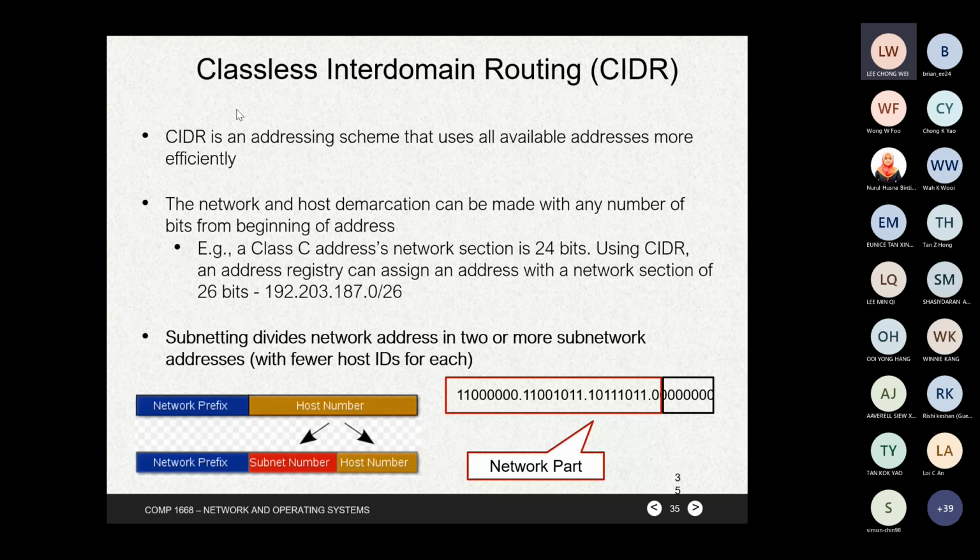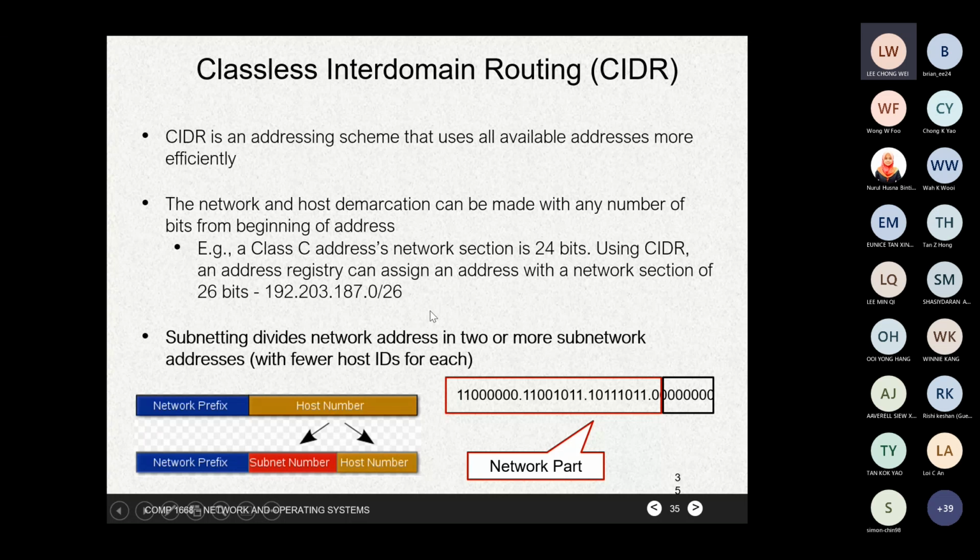One example that you can see on this slide is the network and host. Demarcation can be made with any number of bits from the beginning of the address. For example, they use class C here, 192.203.187.0 and /26.